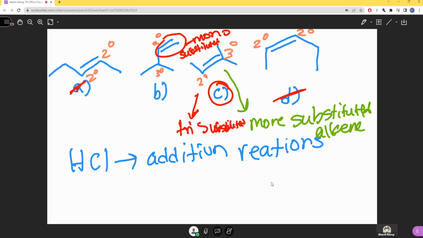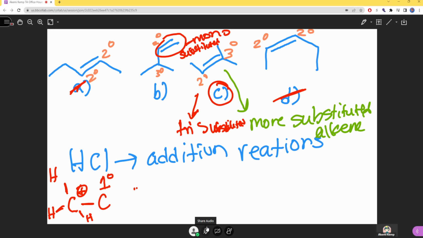So let's say you have a carbon with a carbocation, right? Let's say you had this. This would be primary. This one that I drew here would be primary.